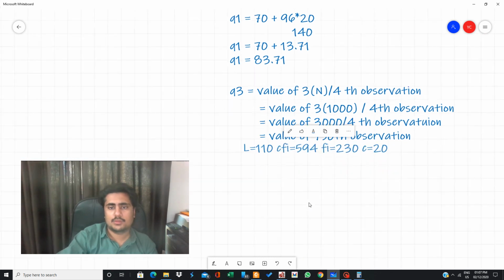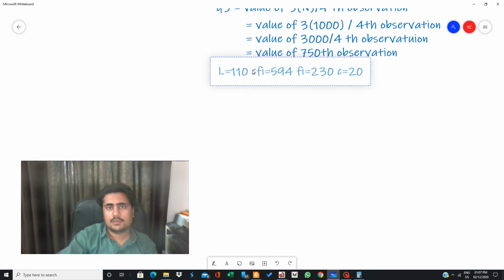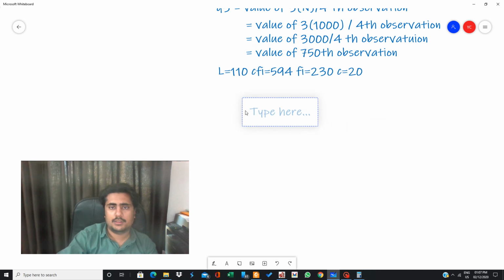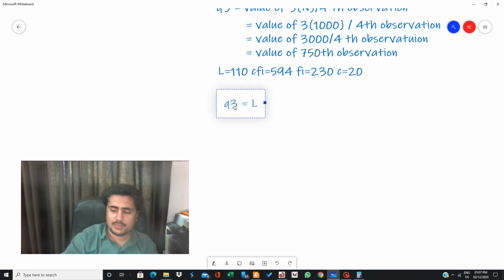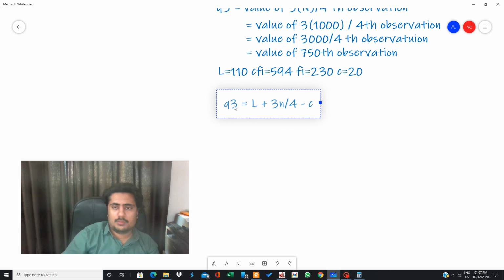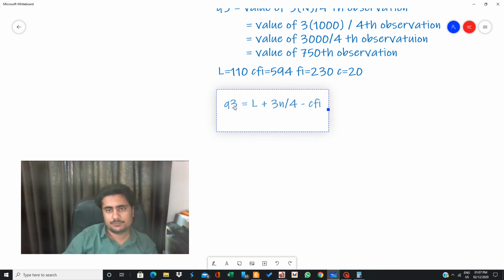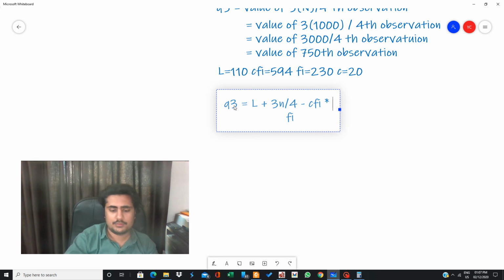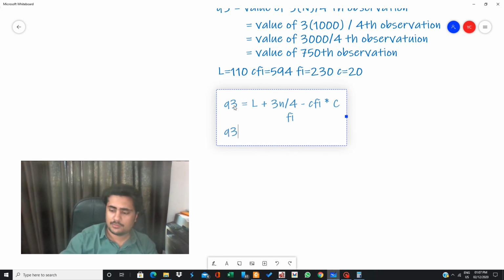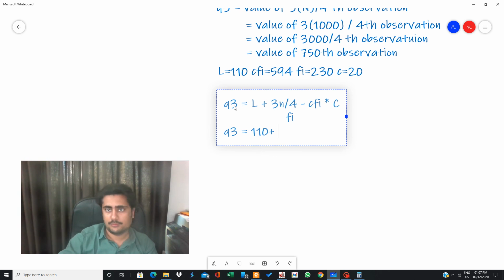Now my formula for Q3 is L plus 3n by 4 minus CFI upon Fi into C. So my Q3 is, what is L? That is 110 plus 3n by 4, 3000 by 4, it's 750, minus, what is CFI?